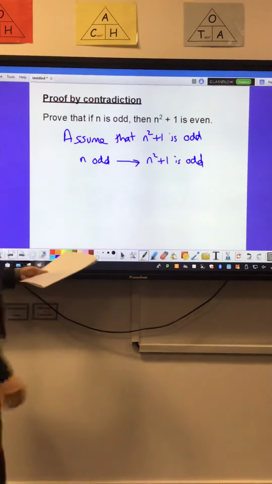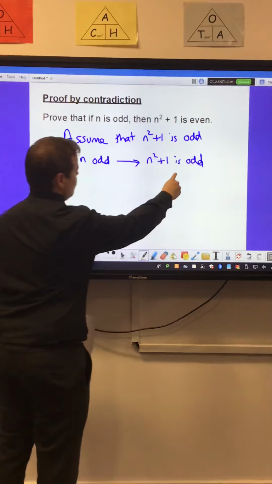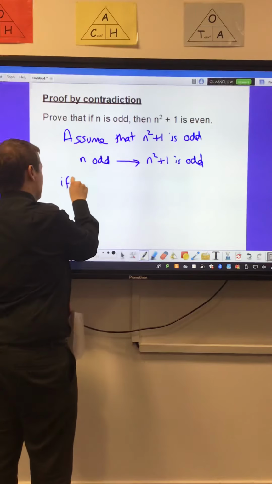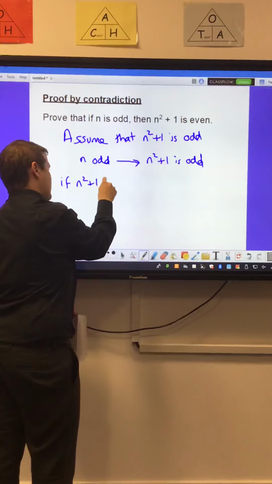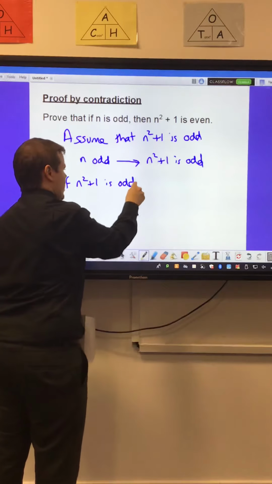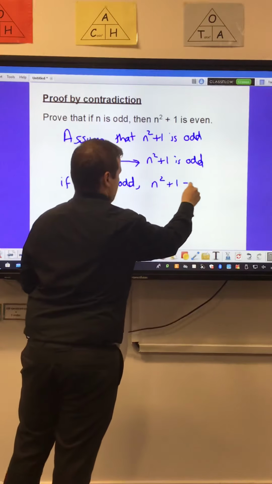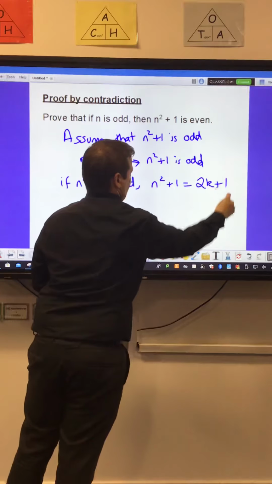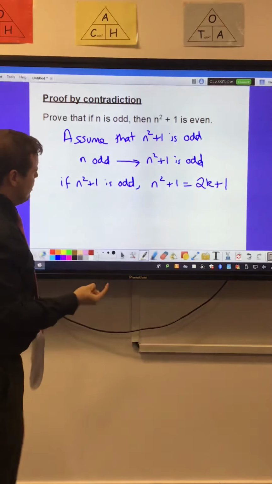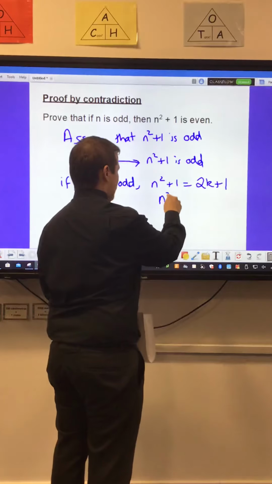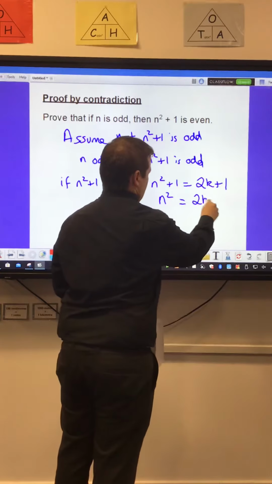So I'm going to start off by saying, okay, well, if n squared plus 1 is odd, then I can write n squared plus 1 as an even number plus 1. Okay, then I'm going to compare that. Well, that means that n squared must be 2k.